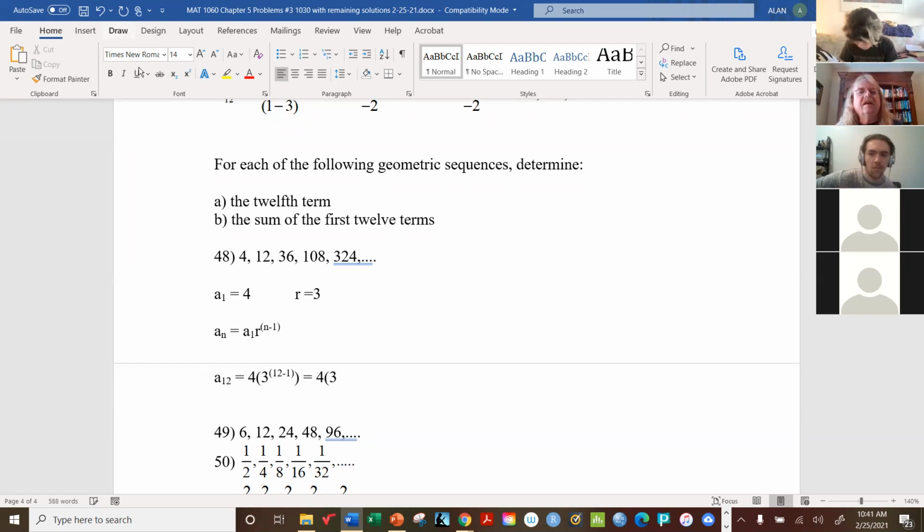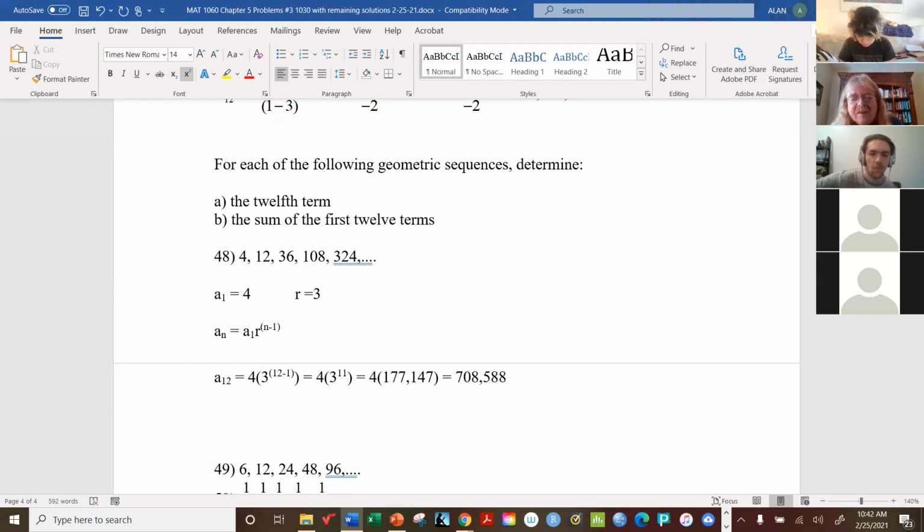Four times 3 to the 11th. Now we saw this earlier, 3 to the 11th is 177,147. And the final result is 708,588. Wow. So the numbers are getting big, really big.